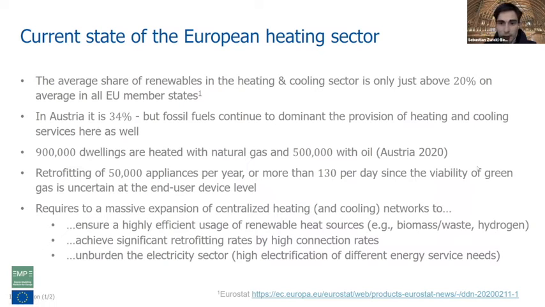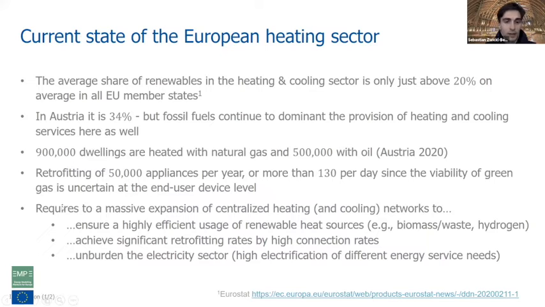Just to give an idea what this would mean if we want to decarbonize this number of dwellings, we have to retrofit 50,000 appliances per year, or more than 130 per day.